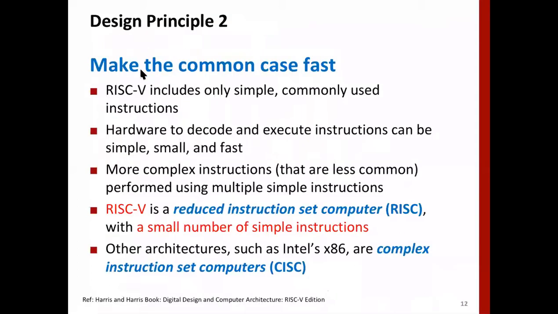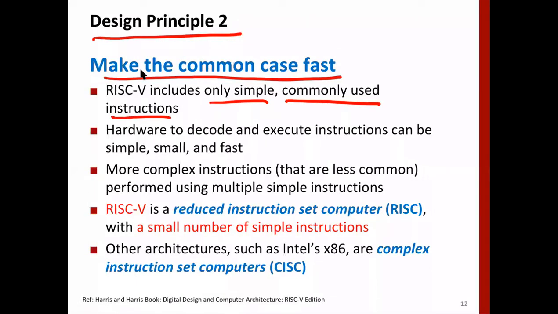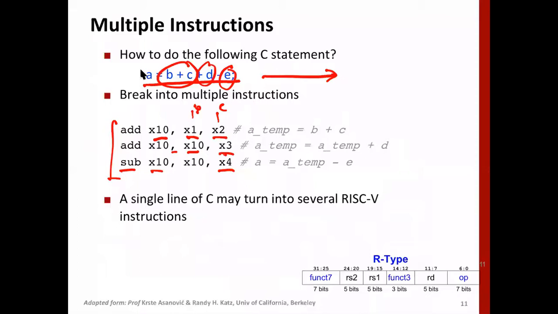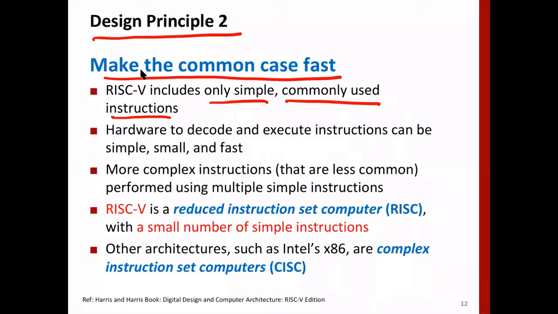From this comes a second design principle, which is: make the common case fast. While a higher level language can have a complex instruction, it results in very simple instructions, and now you can optimize your hardware for faster execution of that, right?